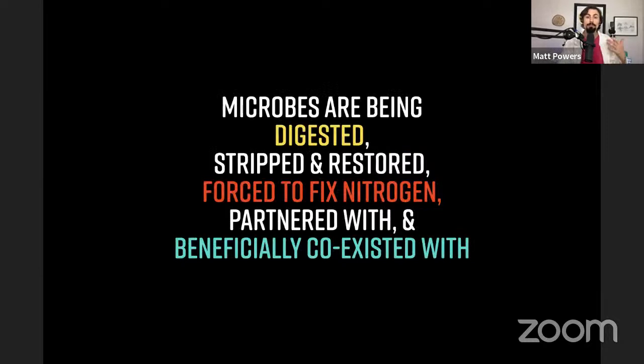So these microbes are being digested, they're being stripped and restored, they're being forced to fix nitrogen, they're being partnered with, and they're also being beneficially coexisted with, because there's saprophytes feeding on those cells, those sloughed off root cells that are just there. They're being fed upon, and the actual process of those things being part of the soil food web chain of events, they get that eventual nutrient back.